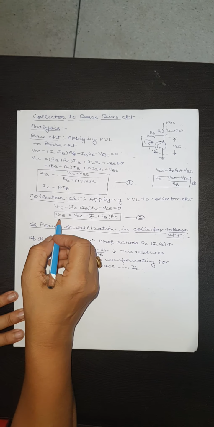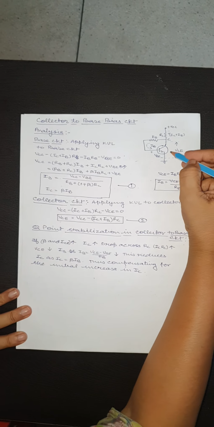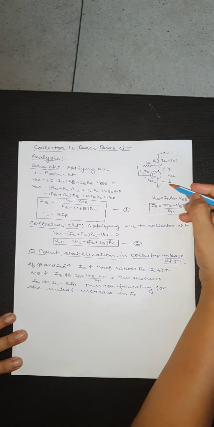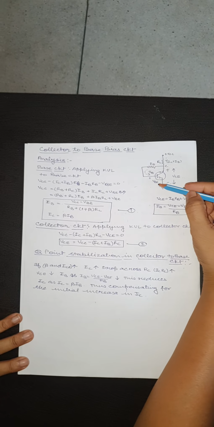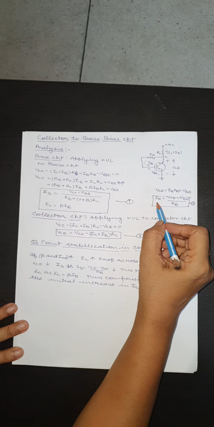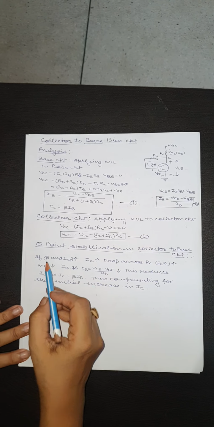So we calculate the value of operating point IC and VCE. If we apply KVL to this circuit, VCE is equal to IB RB plus VBE, and from this equation we get the value of IB is equal to VCE minus VBE divided by RB.